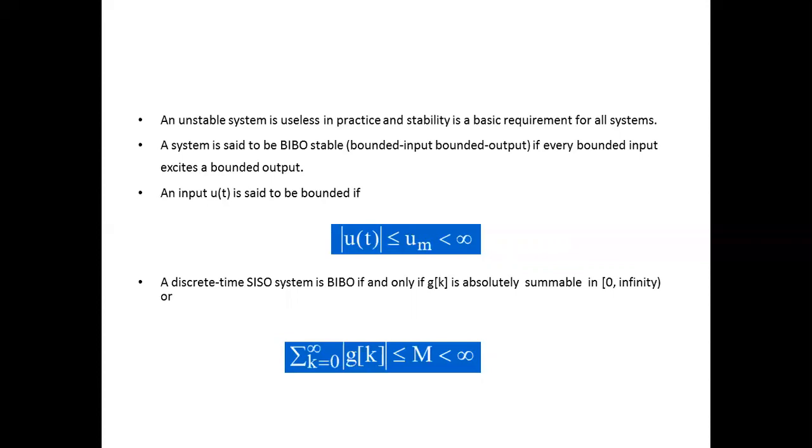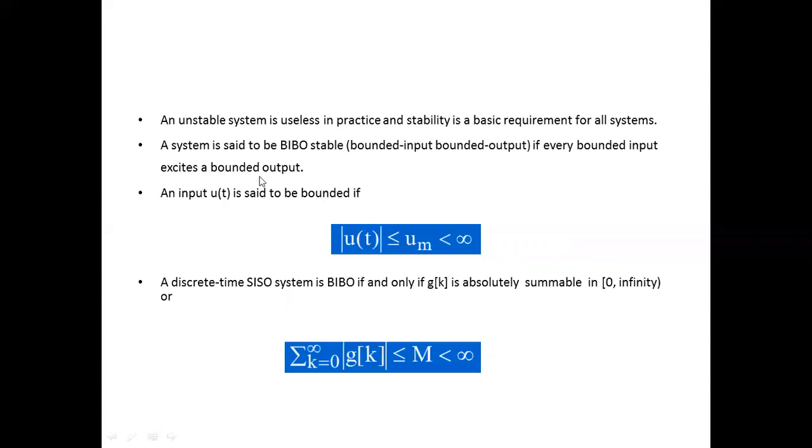I'm repeating once again. Suppose you have designed a system and you don't know the input condition, whether the input is bounded or unbounded, but we are getting the output from the system as bounded, then we cannot say the system is stable. Okay, that needs to be kept in mind.